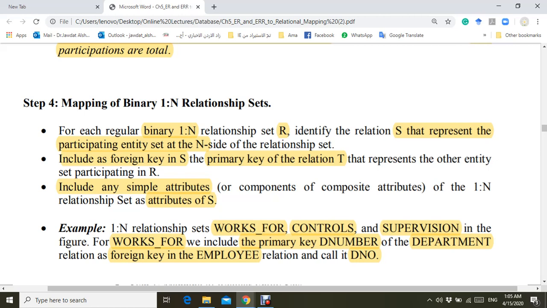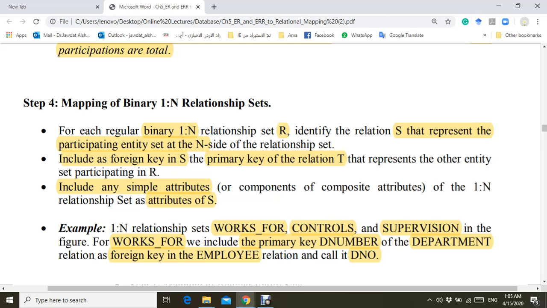For example, if S represents the many side, then we go to S and insert the primary key of the other relation, which specifies the relationship between this entity in S and which entity in R.